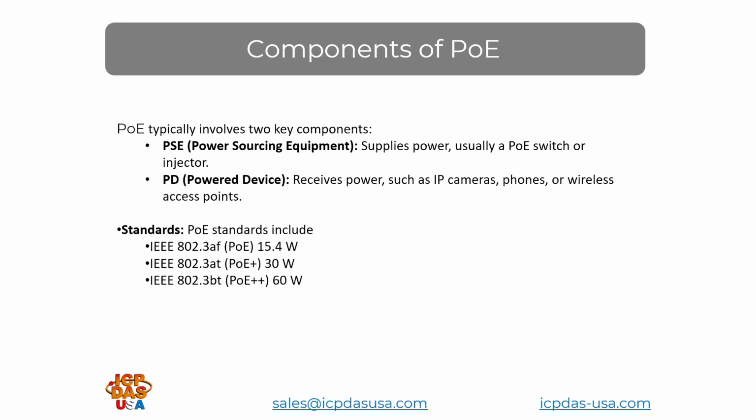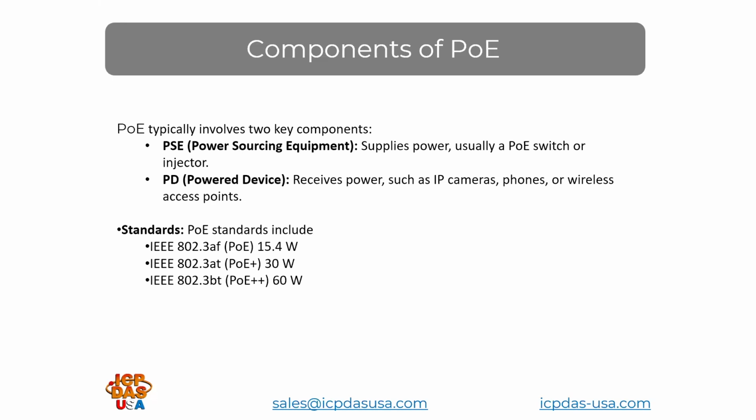These devices are IP cameras, some phones, meaning IP phones, and wireless access points, along with other industrial equipment like sensors, actuators, and other control devices.